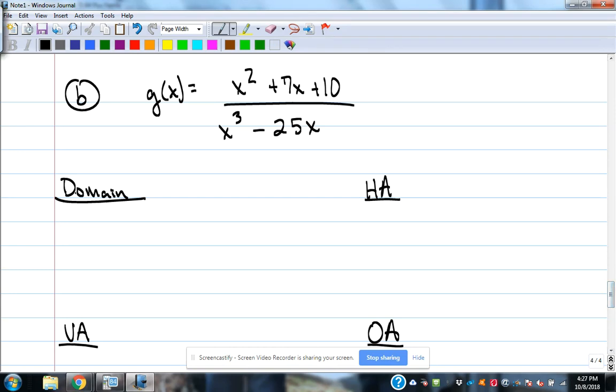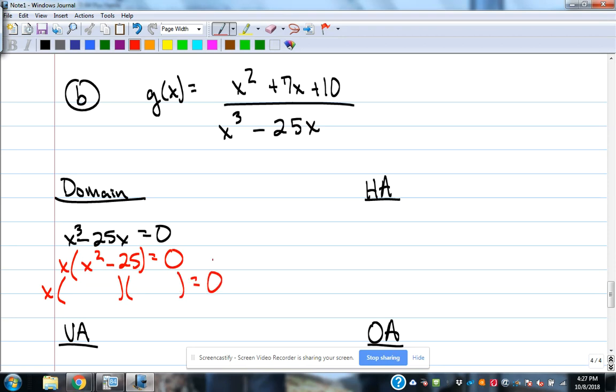Set the denominator equal to 0. So that's what I'm going to do. X cubed minus 25x equals 0. And I'm going to do my best to factor that because I know it's going to help me later on when I go to simplify. So x comes out as a greatest common factor between those two pieces. And that would leave me x squared minus 25. And I know x squared minus 25 factors as what?